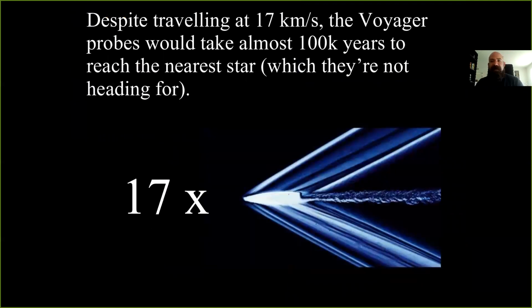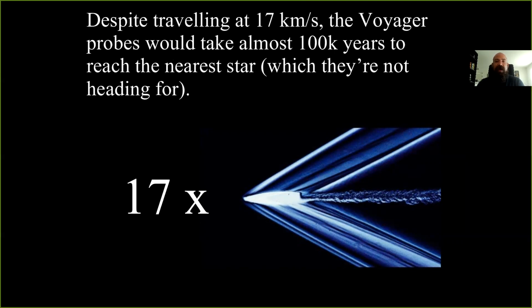Now, the Voyager probes are traveling at 17 kilometers per second. That's about 17 times faster than the fastest bullets that we have, making them amongst the fastest probes ever launched by human beings. I believe the New Horizons probe is actually traveling faster, but hasn't gone quite as far because it was launched much later.